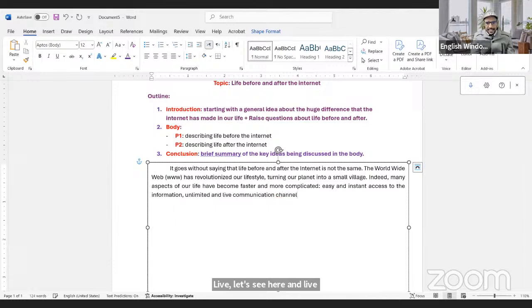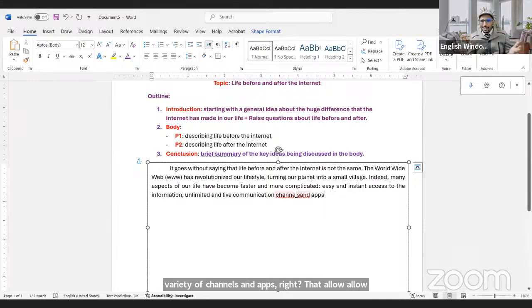communication channels. There are now a variety of channels and apps that allow us to communicate live, as we are doing right now on Zoom. So Zoom is one of the aspects of this revolution of the internet. Without the internet, there would be no Zoom.